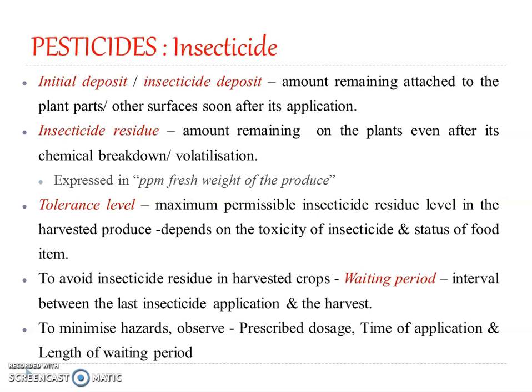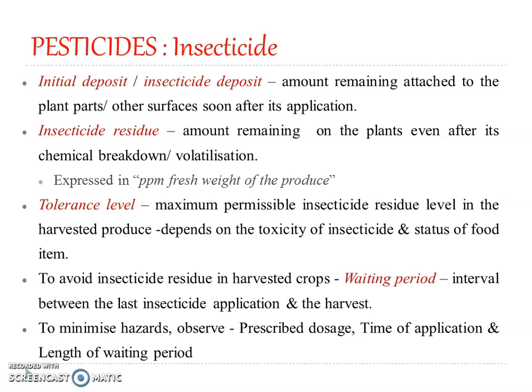Now, insecticide residues can be maintained below the tolerance level by restricting the application of insecticides and by prescribing a specific interval between the last application and the harvest. This interval is known as the waiting period. To put it in simpler words, studies have been conducted for every crop on when harvesting has to be done after the planting stage, maybe 6 months after planting.